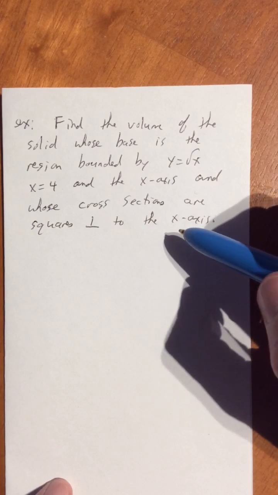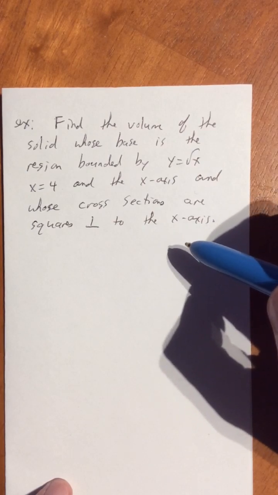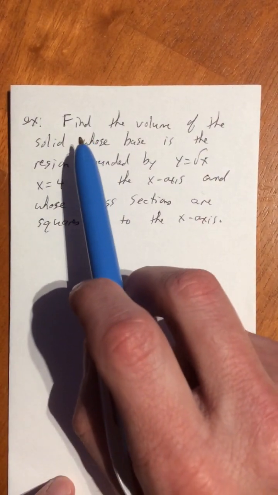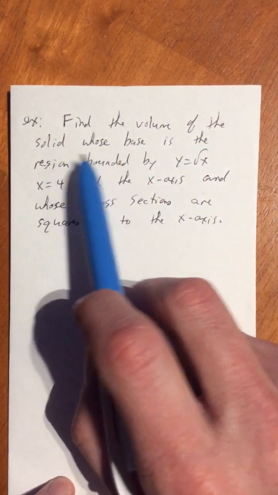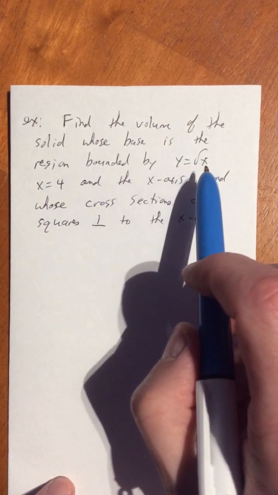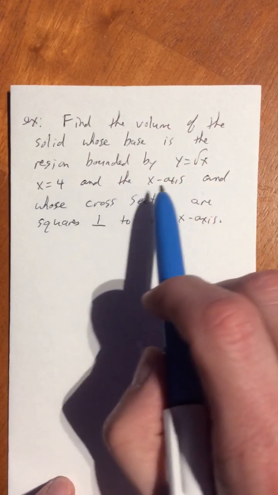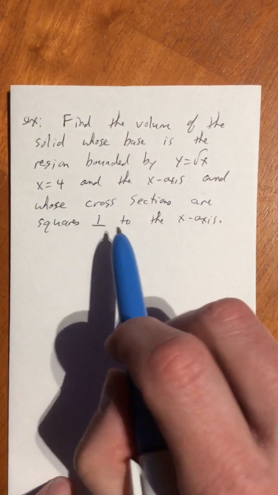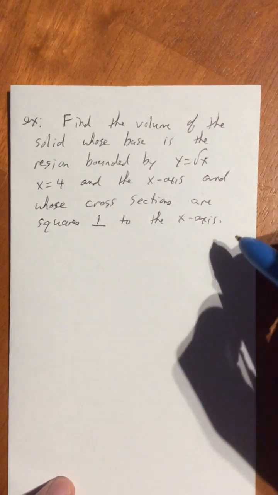So I want to now take a look at the full question as it's usually presented to you. So it says, find the volume of the solid whose base is the region bounded by y equals square root of x, x equals 4, and the x-axis, and whose cross-sections are squares perpendicular to the x-axis.